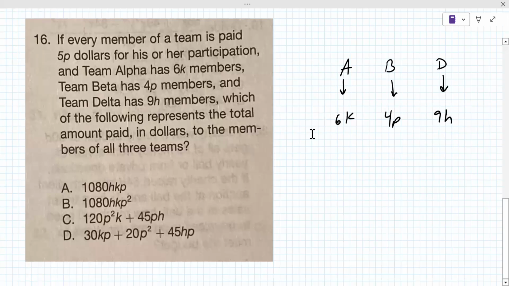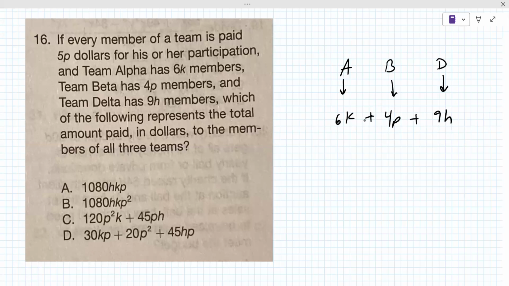Let's say we wanted the total number of members. How would we find that if these were numbers? Like, let's say it was really like 60, 40, and 90. How would you find the total number of members? What math operation would you use? Multiplying? You're adding them together, right?